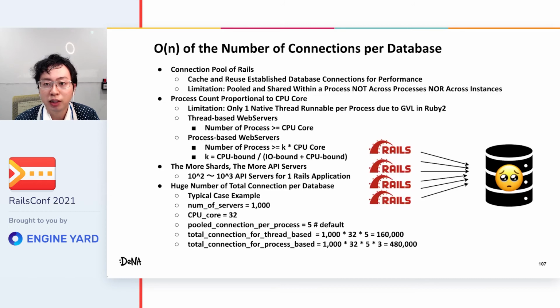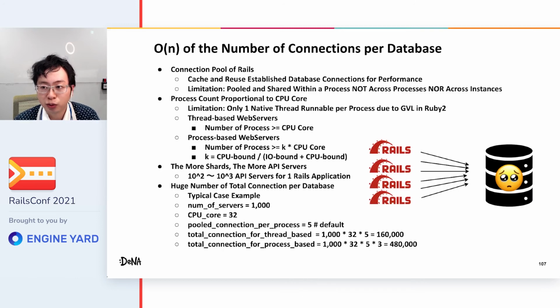One pitfall is the number of connections per database. The connection pool of Rails is to cache and reuse the established database connection for performance. And there is a limitation over this because the cached pool cannot be shared across processes or across instances.